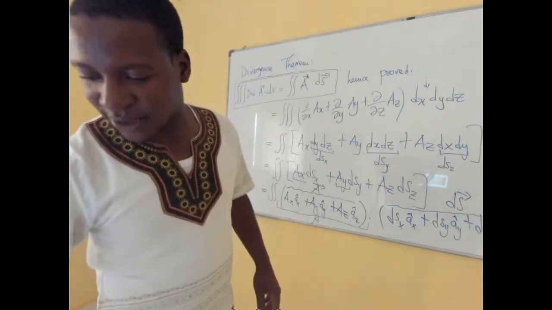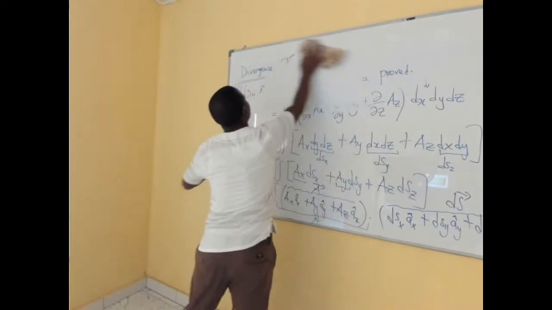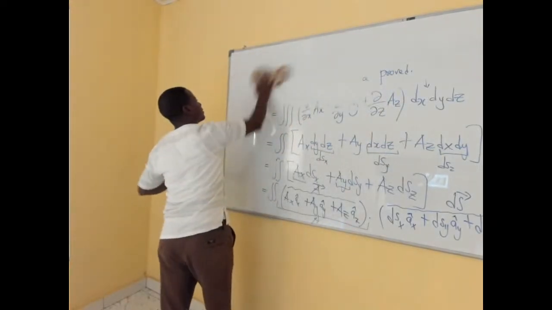Okay, so let's look at what is called the curl of a vector. We have to continue from there.